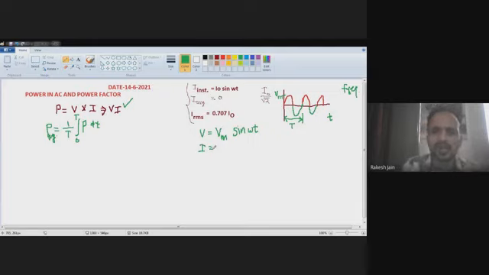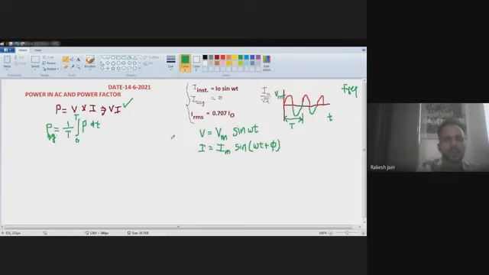But here let's suppose there is some phase difference, so I choose the instantaneous value I is equal to Im sine of omega t plus phi, where phi is the phase difference.